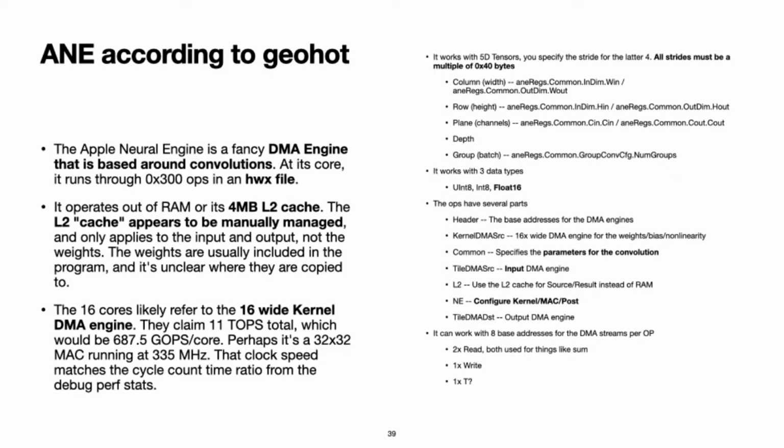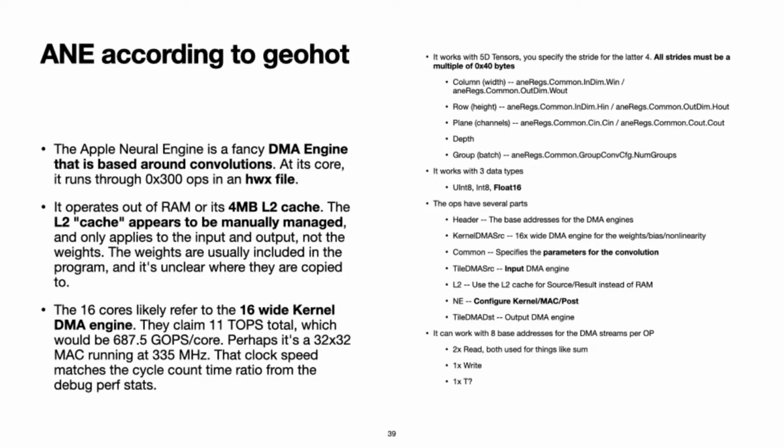Here, I just want to highlight that if some layers of your neural network model can be accelerated by the Neural Engine, those layers are converted, or say compiled, into a HWX file, which is an undocumented macOS file with proprietary ops.